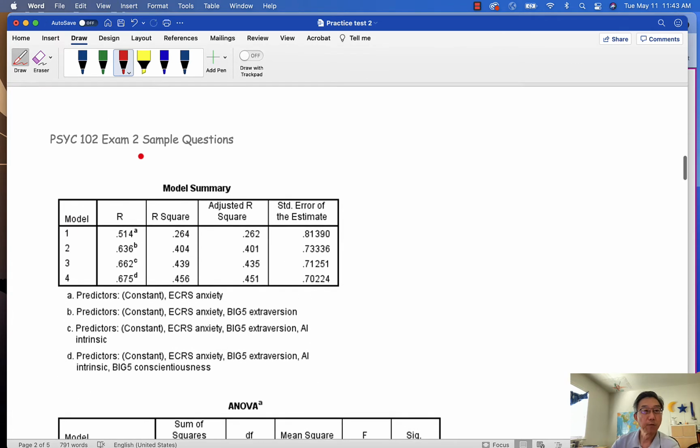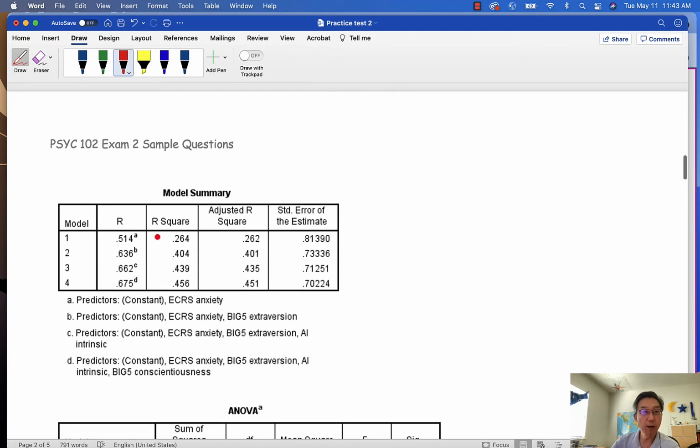And we have just a standard output. So R is a multiple regression coefficient. Now remember that R is the correlation between 2 values, right? Between Y and Y prime, so the predicted and measured values of the dependent variable, the criterion variable.